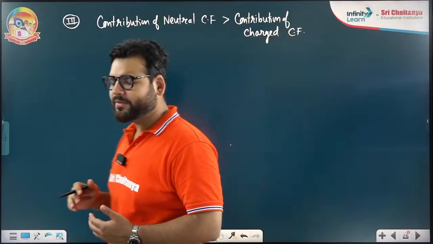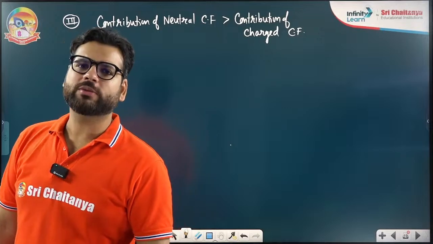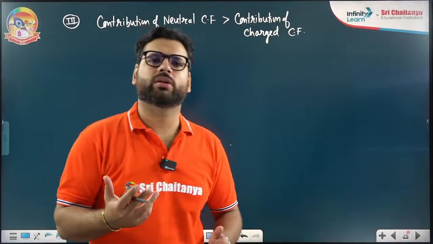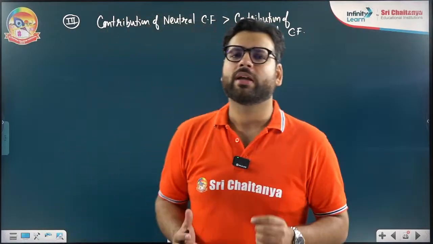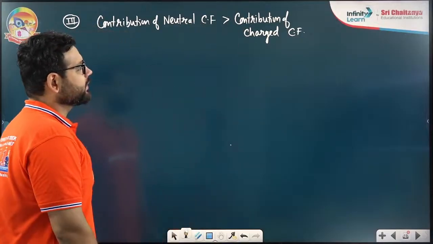Okay. Sometimes bonds may remain same. But the charge will start coming in the canonical form. That time you say neutral canonical form is better than the charged canonical form.